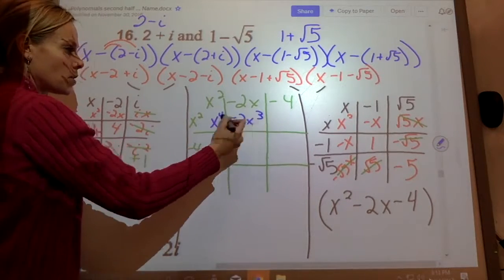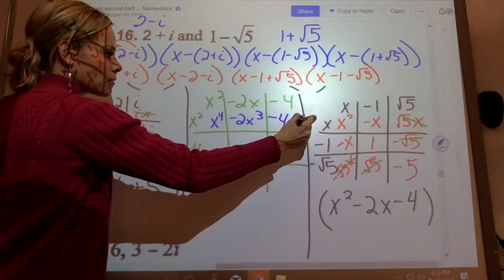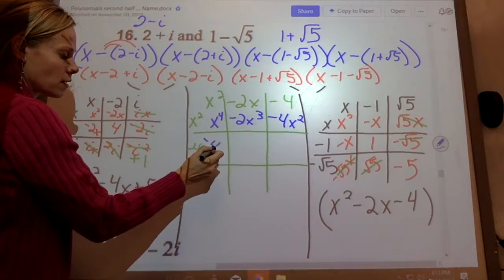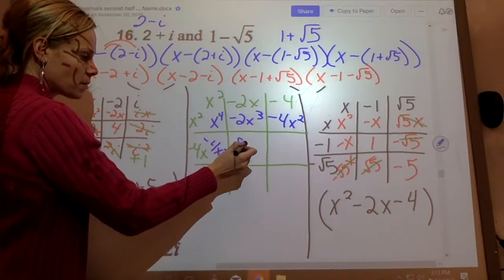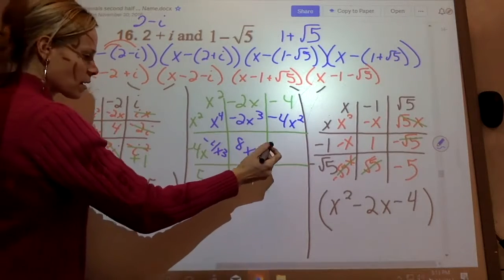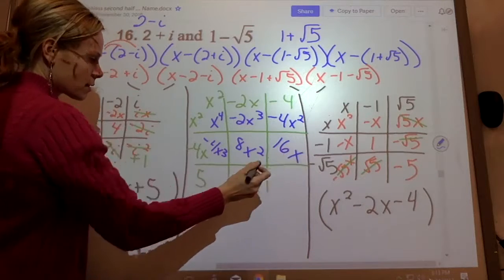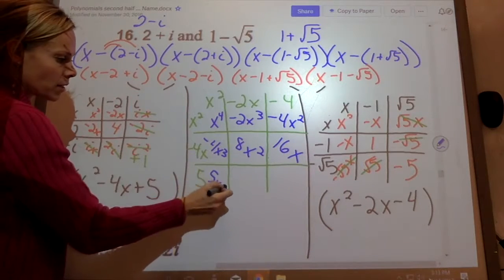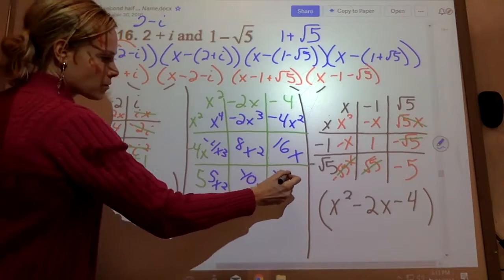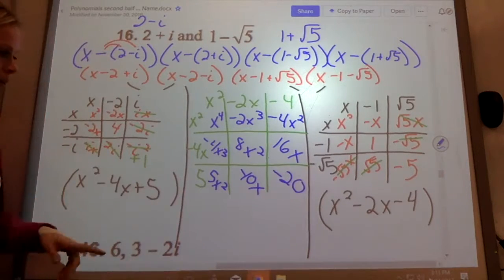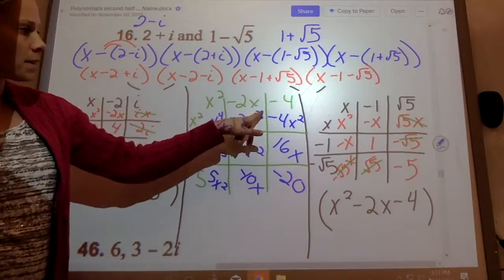This is going to become x cubed. 4x squared. This is x cubed. Positive, because remember double negatives, positive. 16x. This would be 5x squared. Negative 10x. And then negative 20. And notice my like terms are lined up diagonally.